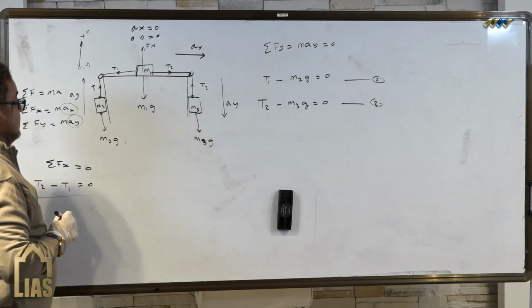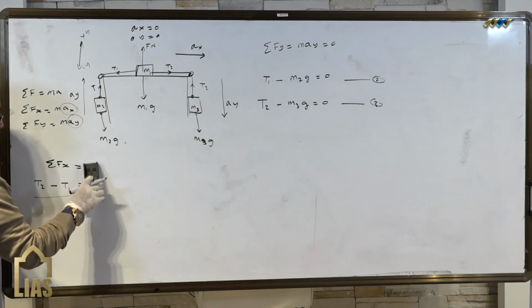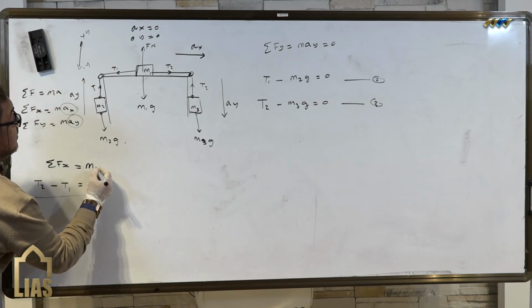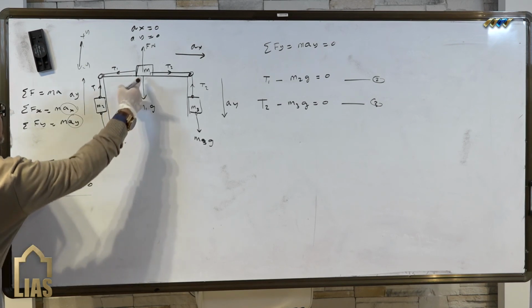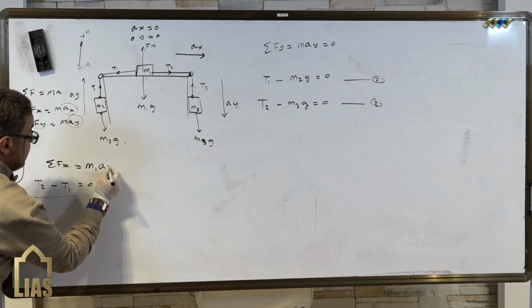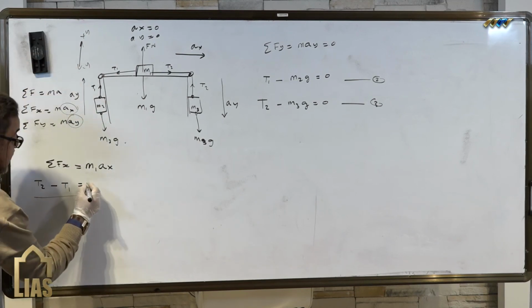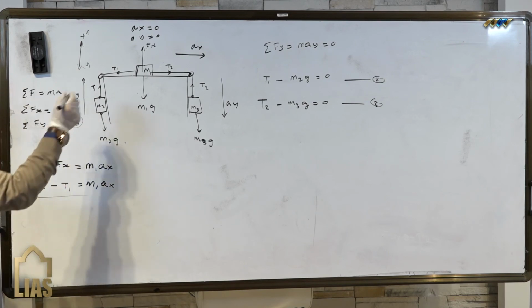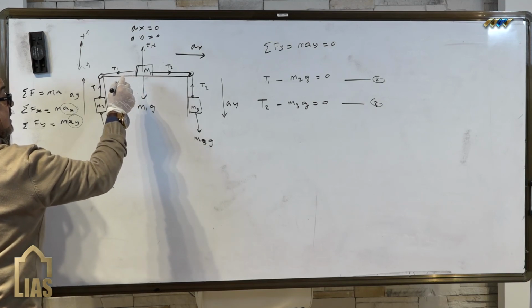What will happen here? Fx, now sigma fx has m1 ax, okay? m1 ax. Because only m1 moves in the x direction, okay?